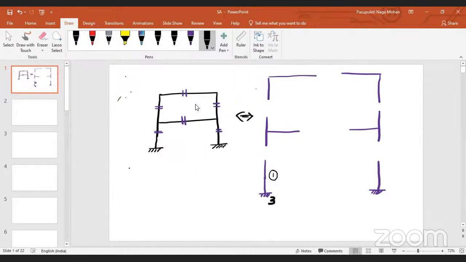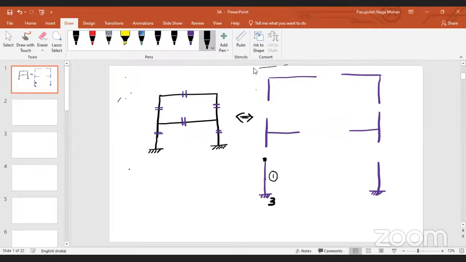Now, what about at this end? As we are separating it from the frame, how many reactions will develop here? Same only, sir, 3, isn't it? Yes.